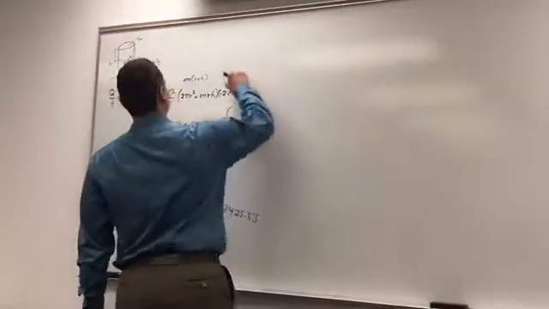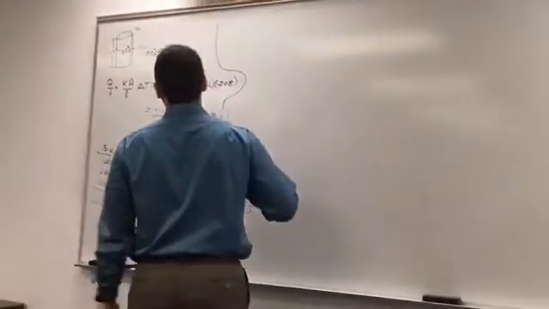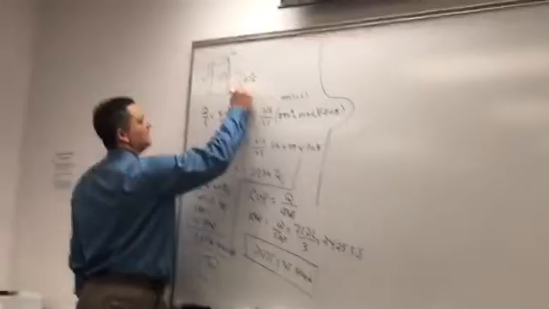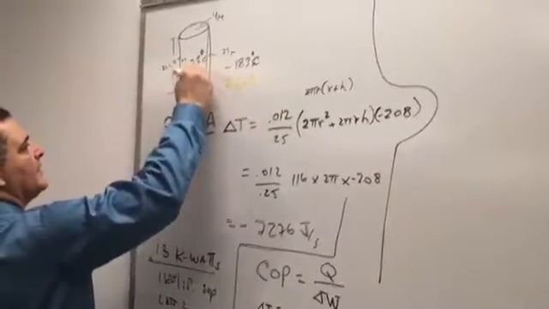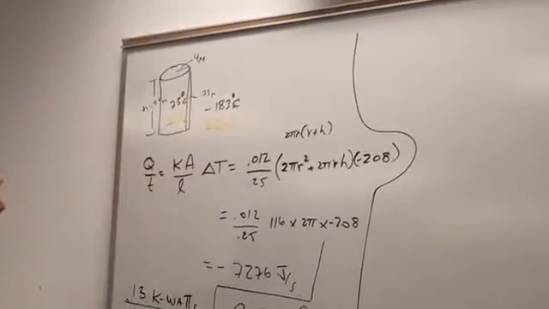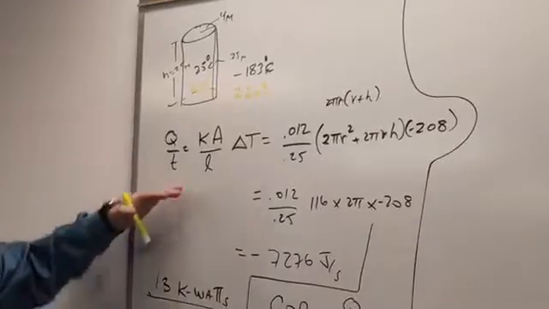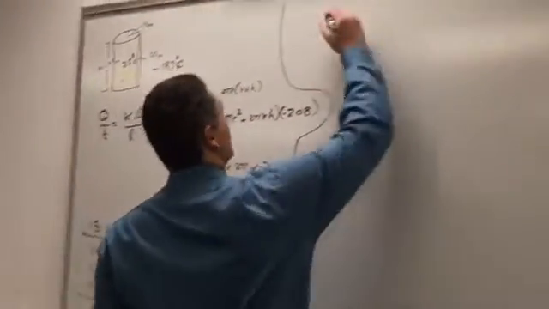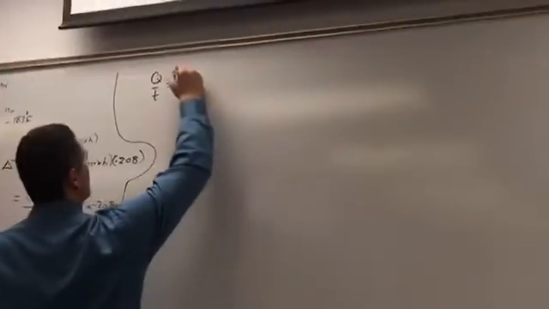The next part of the problem says that now we're in the sunlight, and the heat outside is much higher. Outside is 220, but I still want to maintain 25 degrees Celsius on the inside. So I'm absorbing heat from the outside. It's still a conductivity problem, but now the sign is reversed.